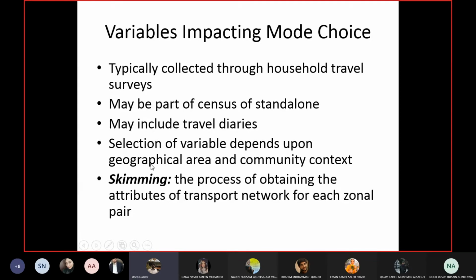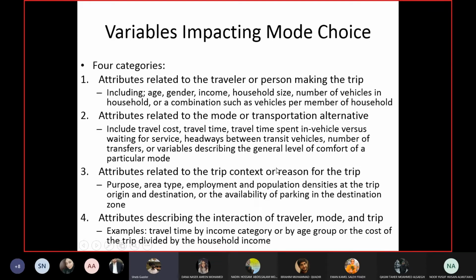It will depend upon the geographical area in which you are doing the survey and the community in which you are doing the survey. For a few communities, some variables are not important. For example, maybe for us, employment density is not important.